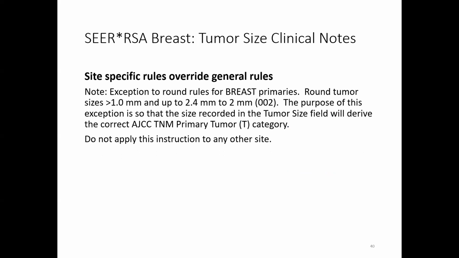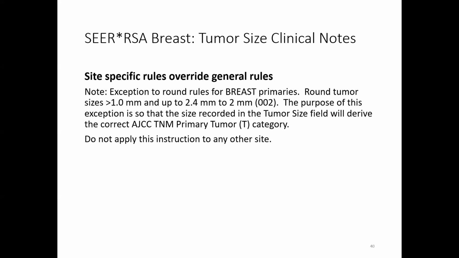There are site-specific notes for tumor size breast in this SEER RSA, and these are pretty much carried through whether you're looking at tumor size clinical, tumor size path, or tumor size summary. So we have our general rules for rounding, but site-specific rules override the general rules.